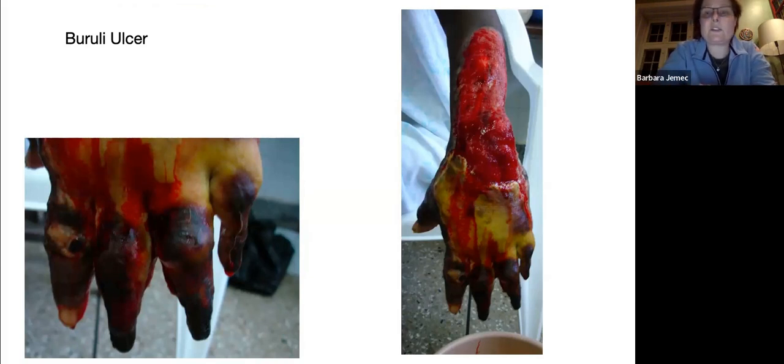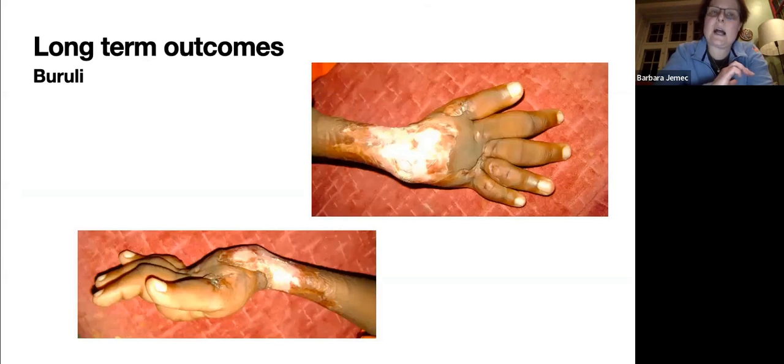And if it's treated early or caught early, when it's a subcutaneous nodule, it can just be cured by antibiotics, which is why it's heart-rending to see when people are not treated appropriately early on. And talking about chronic infections, we also need to think about the outcomes of a long-term Buruli ulcer, which is a lot of scarring and a completely dysfunctional hand.